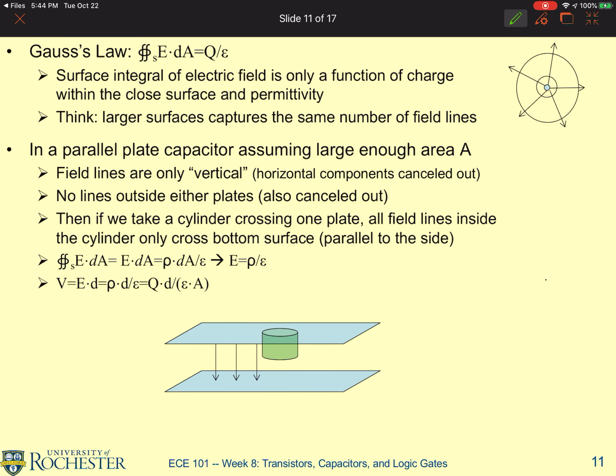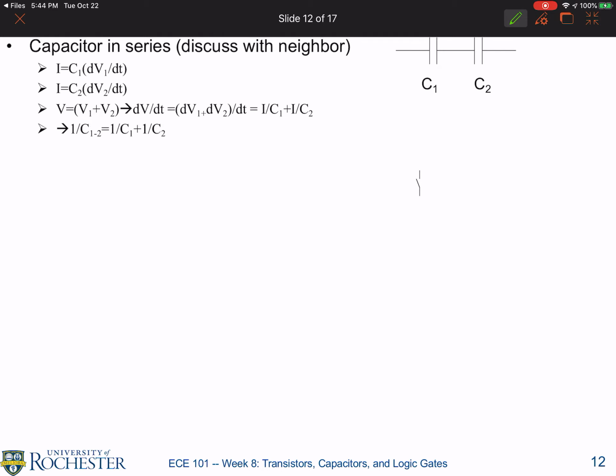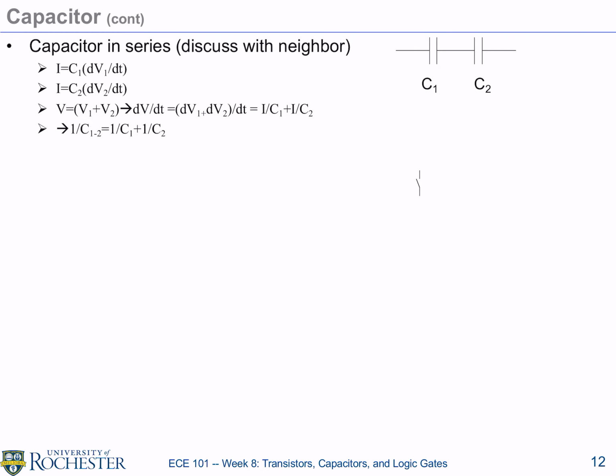capacitors just add. Similarly, you can derive that if it's a series connection, then it's like parallel resistors. It's the inverse of the capacitance.